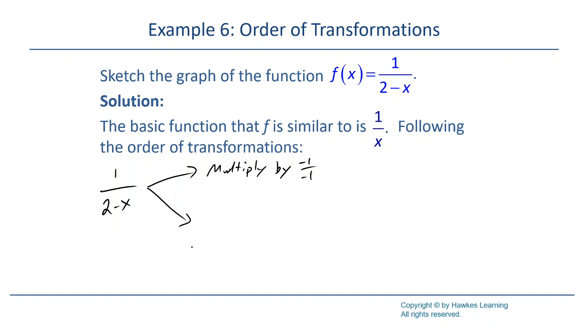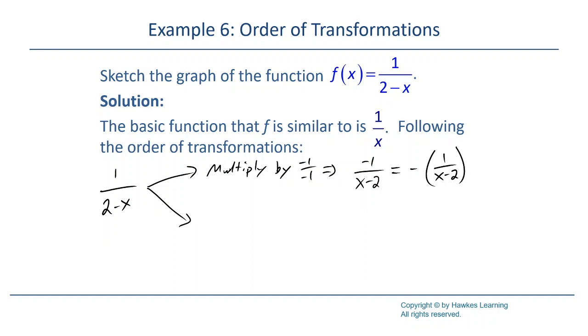So if I multiply the top and the bottom by negative 1 over negative 1, I get negative 1 over, and I'm going to switch the order, x minus 2, which then if I factor out the negative, now I have negative 1 over x minus 2.